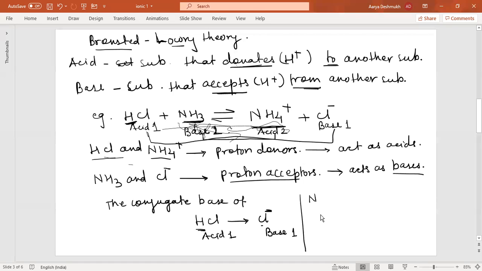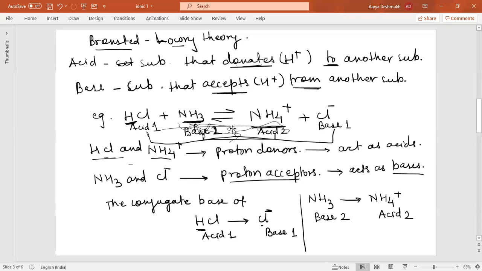So whatever I just said can be shown this way. NH3 accepts a proton and ammonium ion is formed. So this is your base 2 and this is your acid 2.